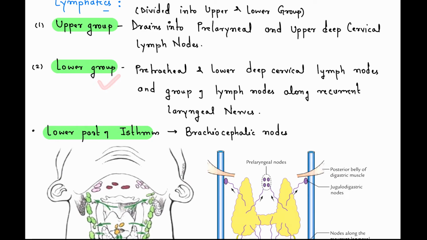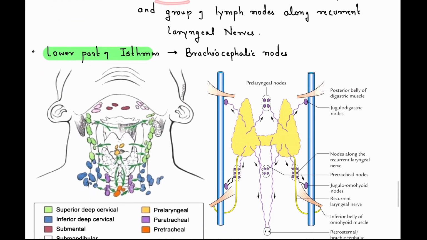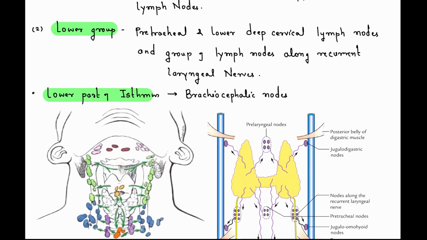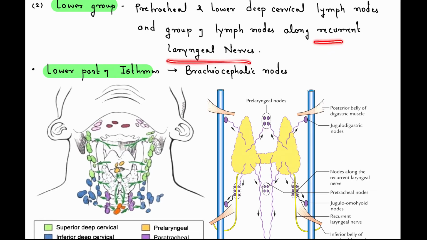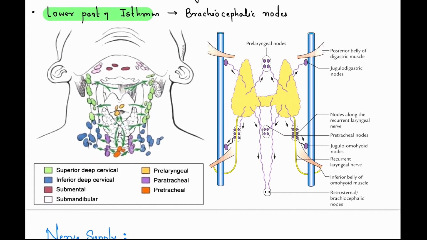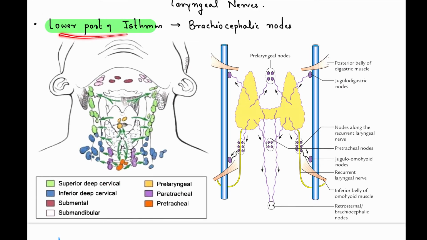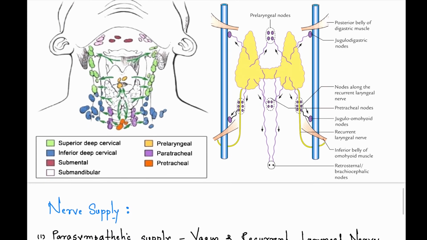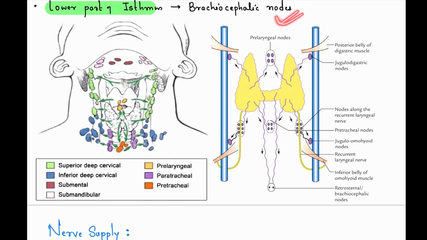The lower group drains into pretracheal and paratracheal nodes, lower deep cervical lymph nodes, and the lymph nodes along the recurrent laryngeal nerves. The lower part of the isthmus drains into brachiocephalic nodes.